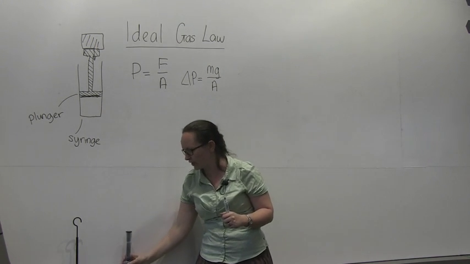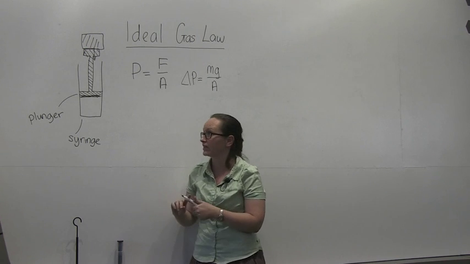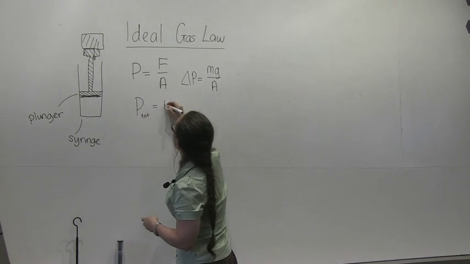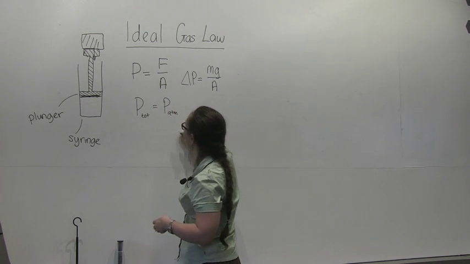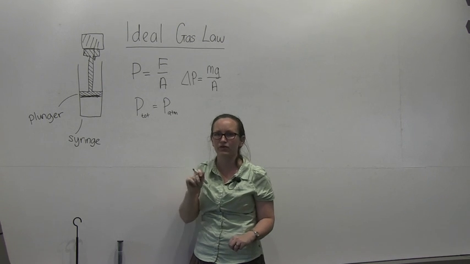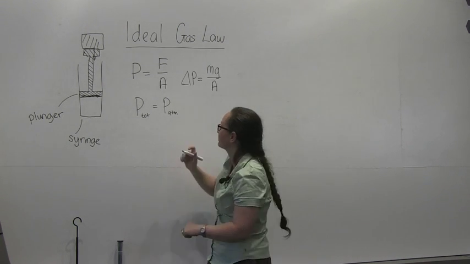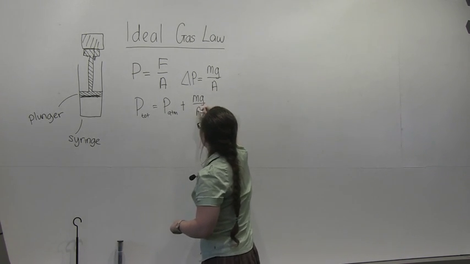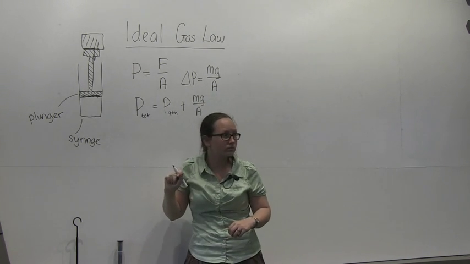So the total pressure experienced by the syringe is going to be the atmospheric pressure, which should be 1.01 times 10 to the 5 pascals, but you'll be able to measure it to check that, plus the additional pressure from the weight force.